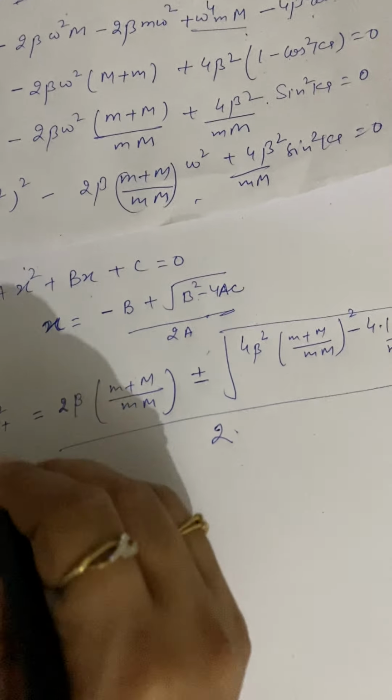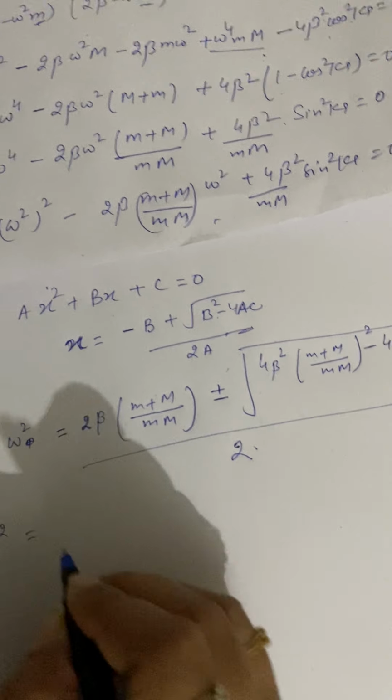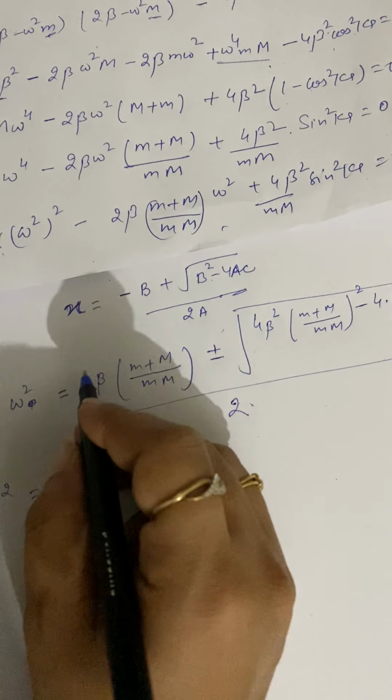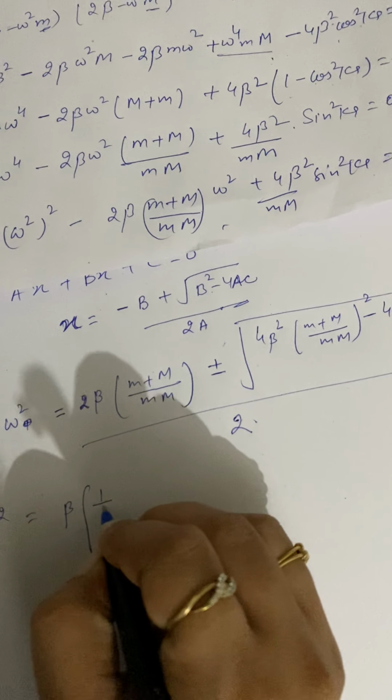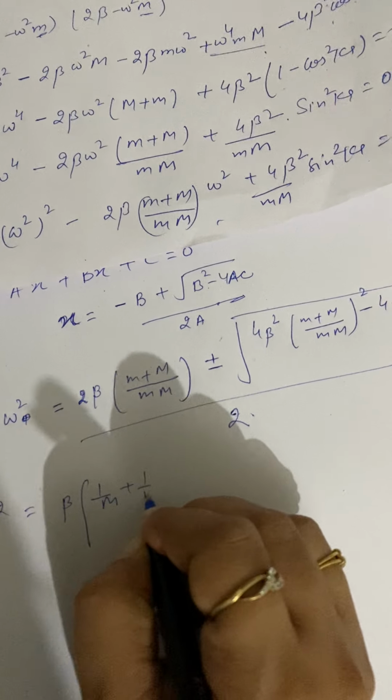So omega square is equal to, by cancelling 2 with 2, beta times (1 by m plus 1 by capital M).